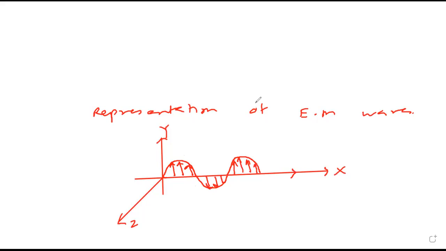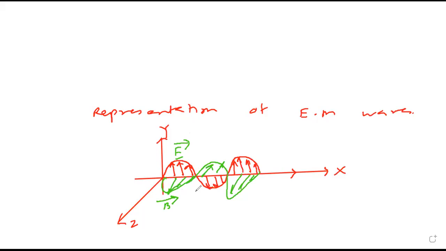Similarly, magnetic field is taken to be vibrating along z-axis. This is also perpendicular to x. So this is representation of electromagnetic wave which has got electric vector E bar along y-axis, magnetic induction B bar along z, and propagation along x.